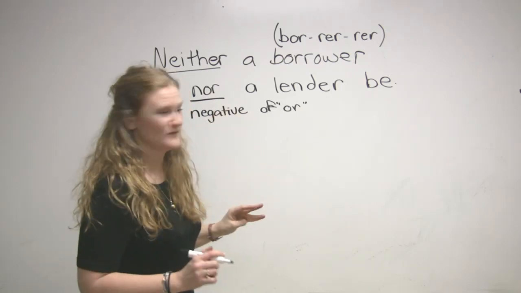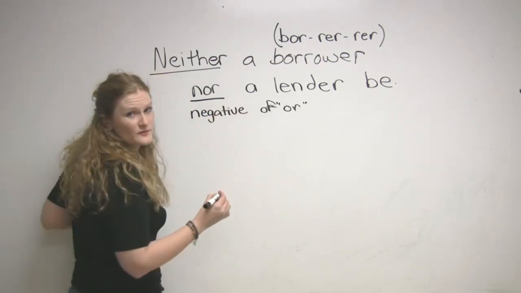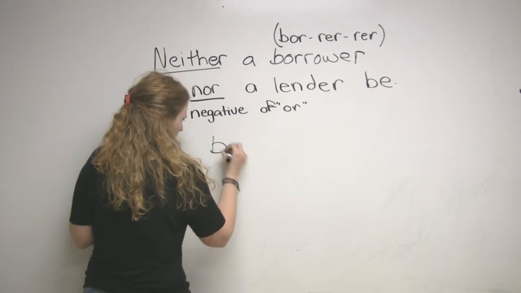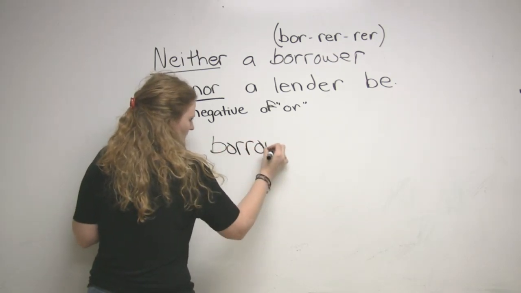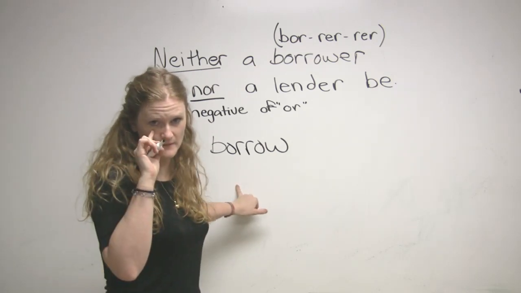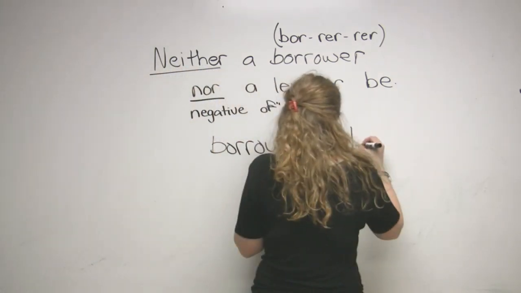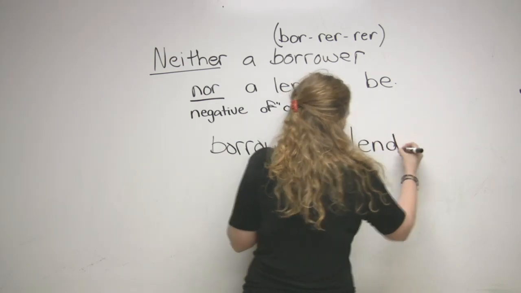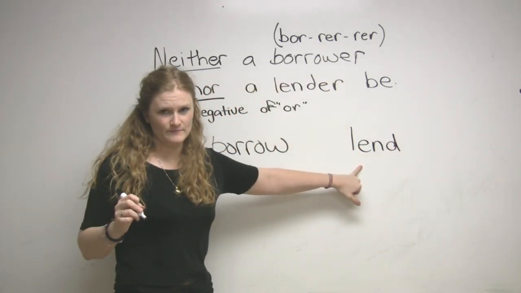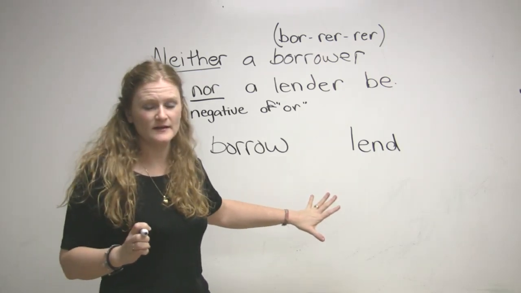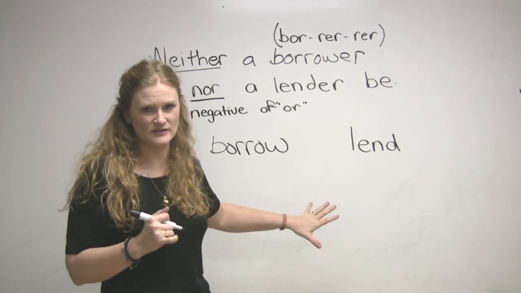So let's do this. The first word that's very confusing is borrow. Okay? We're going to contrast this word with lend. The easiest way to remember this is who is doing the action.